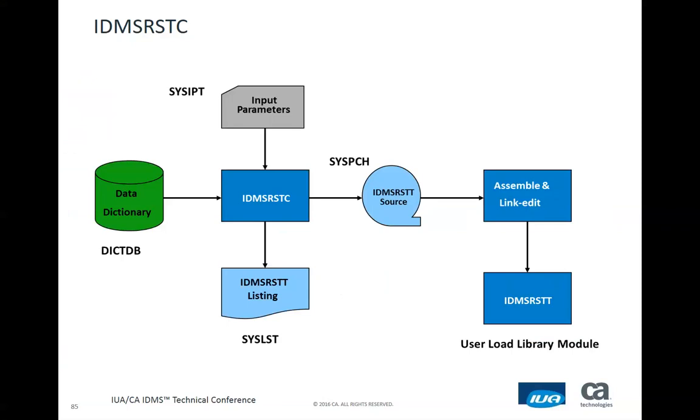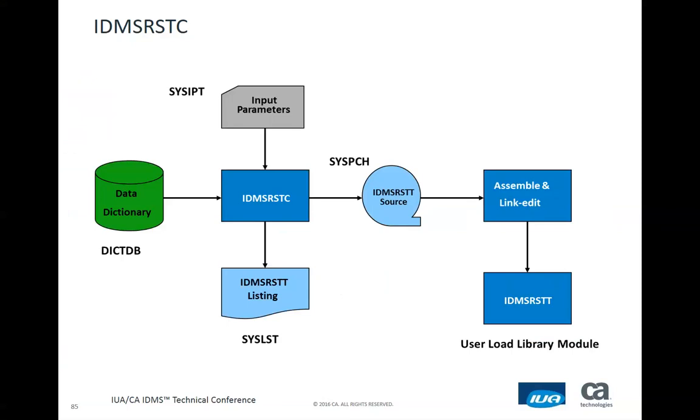What we have here on our slide is a diagram of the RSTC execution environment. The input, as with most of our other parameters, comes in through SYSIPT, and an output listing comes out through SYSLIST. IDMS RSTC is a standalone utility, so it is the program that you specify on your EXEC PGM= statement for the individual job step.